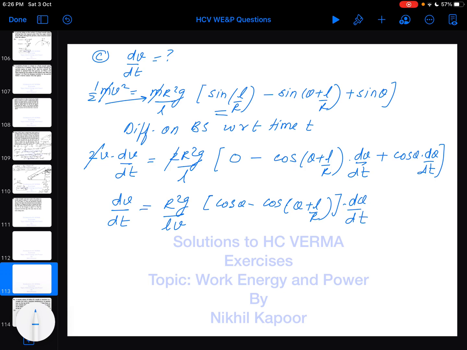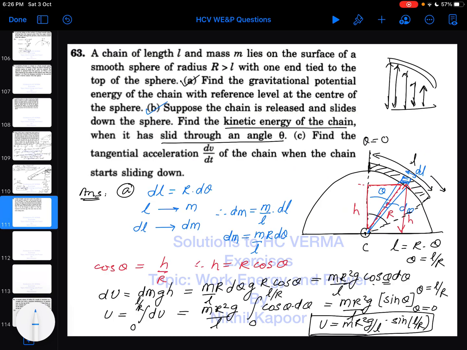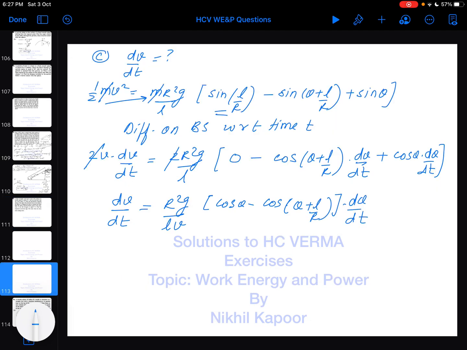Okay, so we need to find this at what instant, that is most important. So let's see at what instant we have to find it: when the chain starts sliding. When the chain starts sliding, it means the value of theta is 0 degree. So if I substitute theta as 0 degree, I can get the required answer.